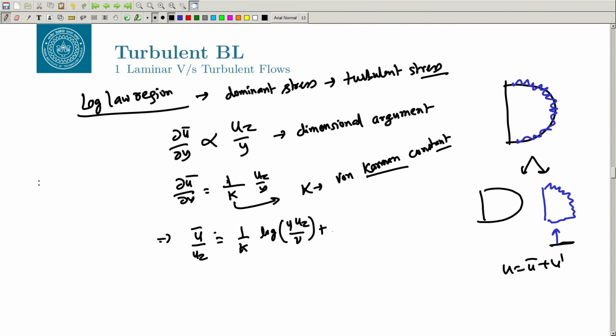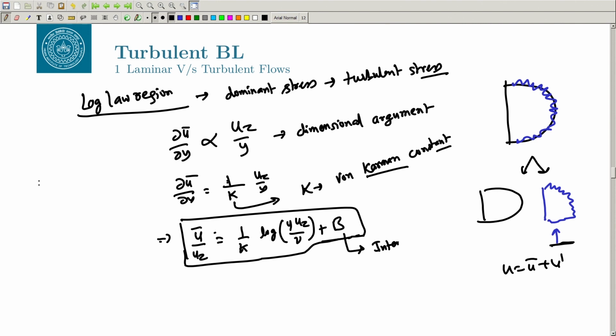This b comes because you have integrated, so you get an additional term. This b is called the intercept.